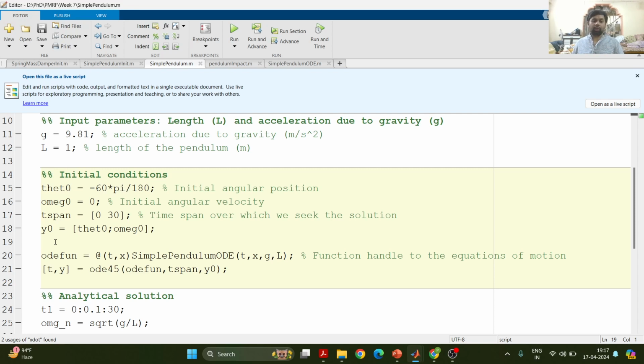While creating this function handle, we specify that we are solving for time and this state vector x, so that the solver knows that the next four arguments being passed are additional parameters.